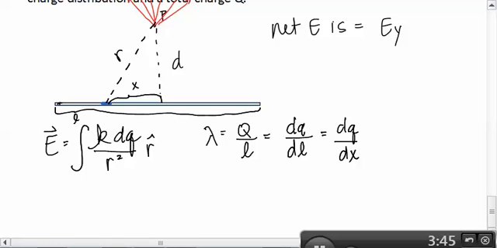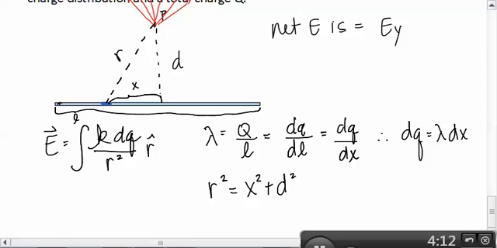So now what's the distance from dq, this little bit of charge, to point P? R squared would be equal to x squared plus d squared. Now my dq would be the same thing as lambda dx.